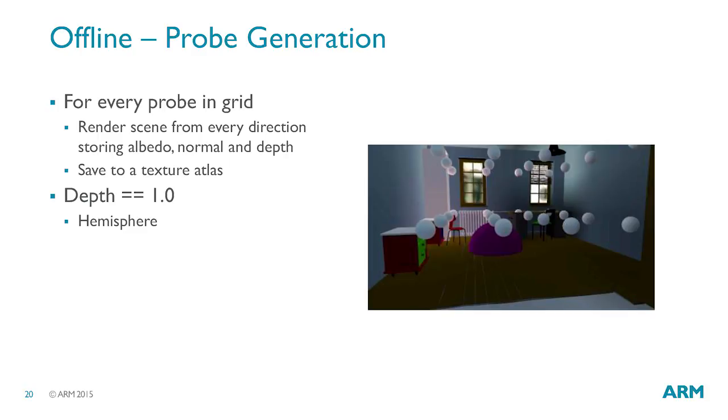For my implementation, I've used a depth value of 1 to hint that this is not a particular surface, so that's reserved for a hemisphere. So when relighting and using depth equals 1, we add the hemisphere, basically.